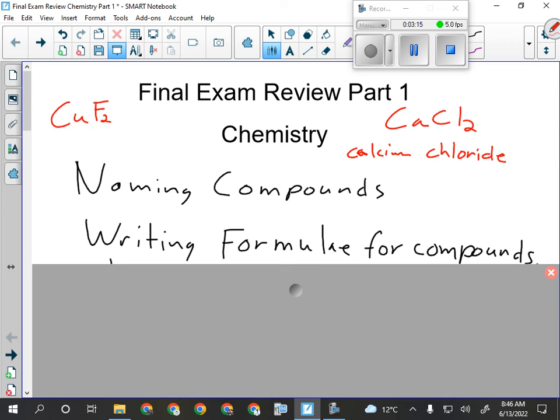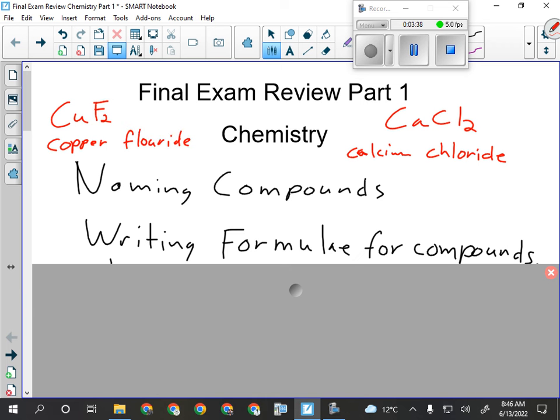Copper has more than one possible charge. It is a multivalent metal. So we have to look on our periodic table and see what the charges are. They are 1 and 2 positive. So when I'm writing this out, I first have to figure out, is it the copper with the 1 plus charge, or the copper with the 2 plus charge?